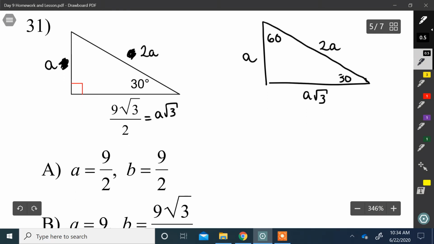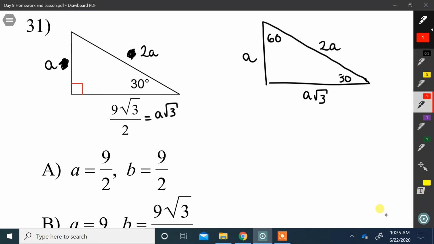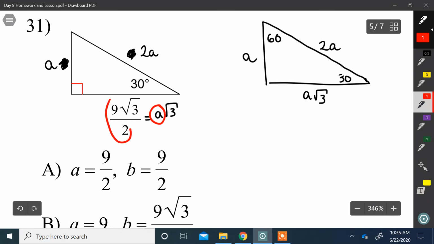Now, sometimes it's hard to see, sometimes it's not hard to see, but I don't know if you can tell, but A would just be 9 over 2. Okay, so A in this case is 9 over 2.